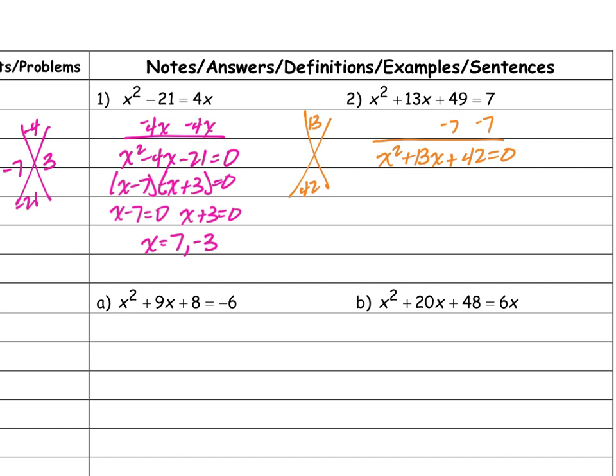I think that's 6 and 7. Yeah, okay, good. And that gives me x plus 6 times x plus 7 equals 0. So either x plus 6 equals 0 or x plus 7 equals 0. So that tells me that x is going to equal -6 or -7.